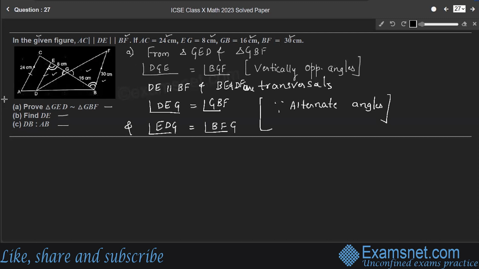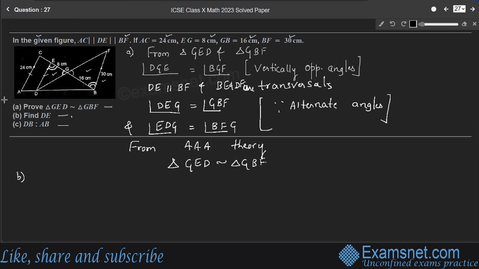So in the two triangles, three sets of angles are equal. Therefore, from the AAA theorem, the two triangles are similar, right? Therefore, triangle GED is similar to triangle GBF. Now consider the second part.